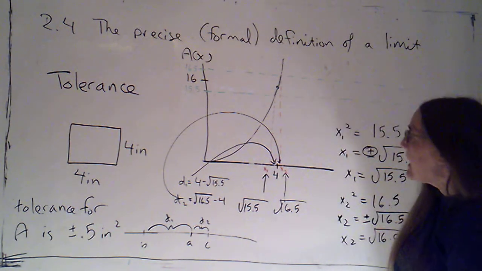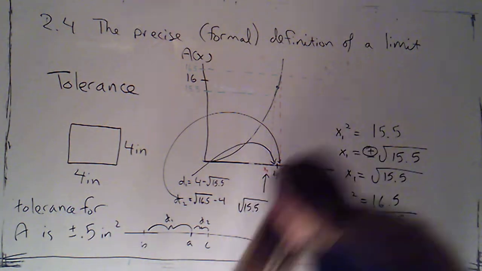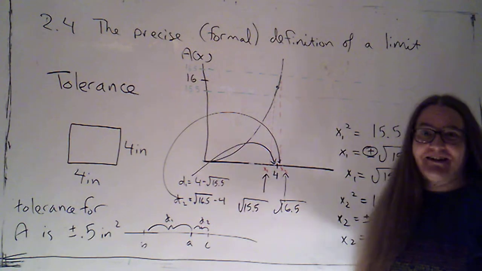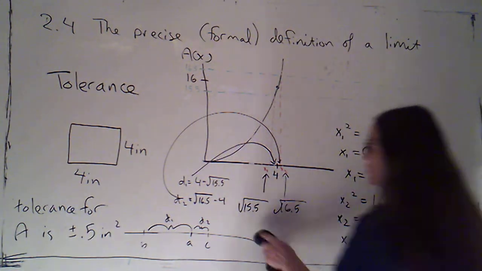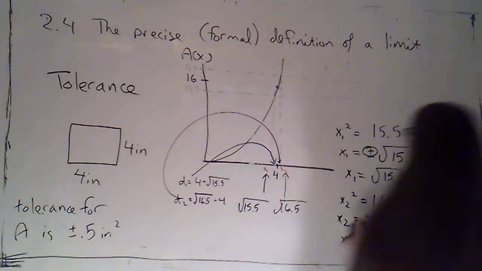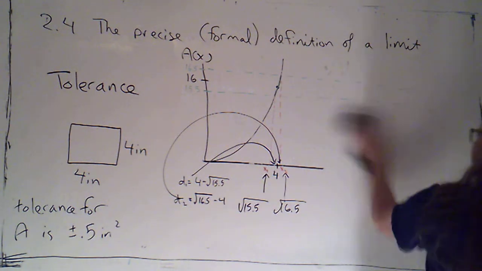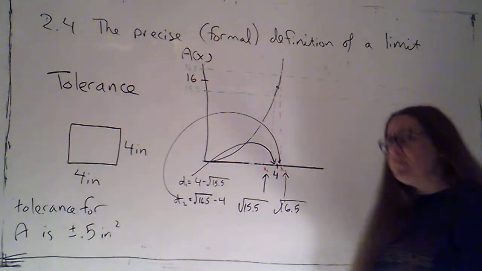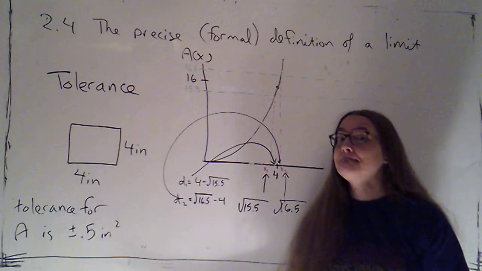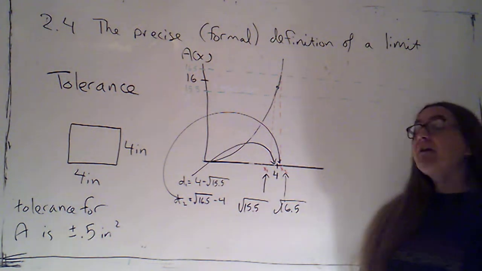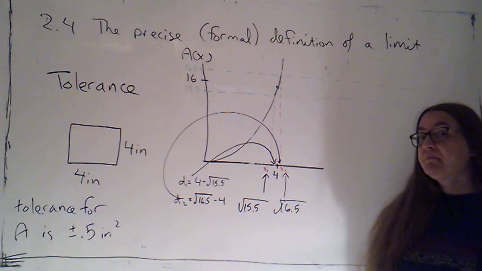Now, to see which of these is smaller, I could certainly plug into a calculator and just look at the smaller of those two things. But let's suppose I'm doing this on a proctored exam or a quiz, and I want to know which distance is smaller, and I'm not allowed to use a calculator. I can figure out which distance is smaller.